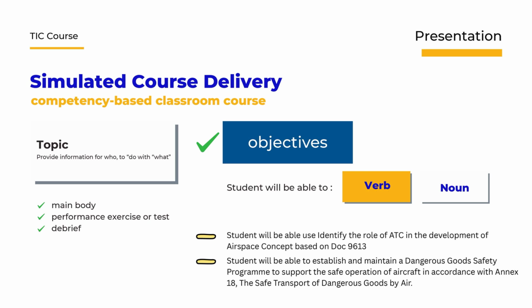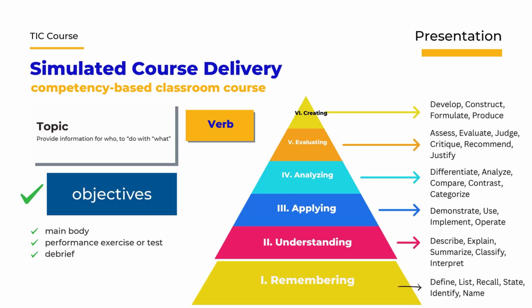The verb is taken from the levels of Bloom's taxonomy, which gives us the right action word based on the depth of learning. Let's take a look more. To create a learning objective, you need to choose an action verb from one of the levels of Bloom's taxonomy. As you can see here, the taxonomy is divided into 6 levels. Level 1, remembering, with verbs such as define, list, or identify.